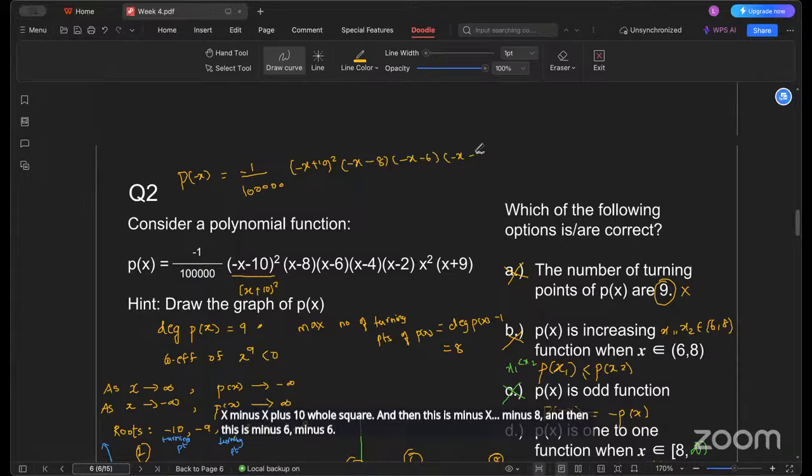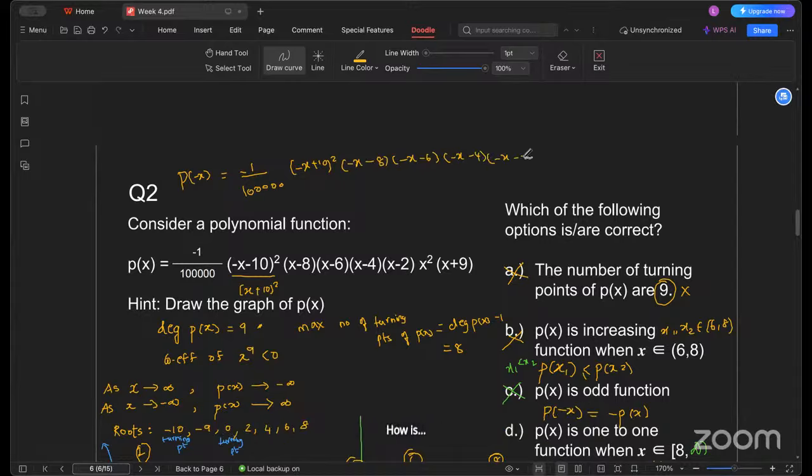Why minus x plus 10 square? Because I'm replacing x with minus x. Here P of x means I have to replace x with minus x.